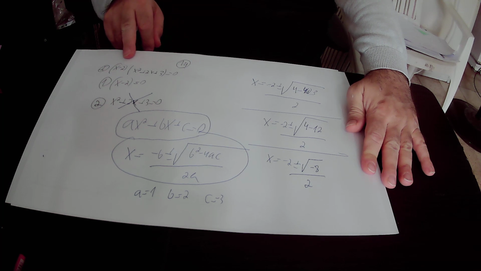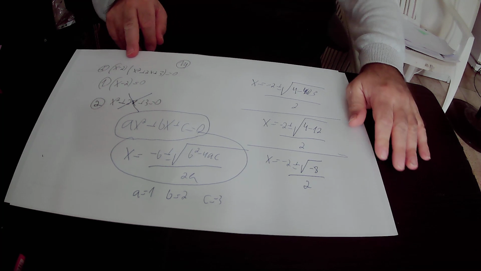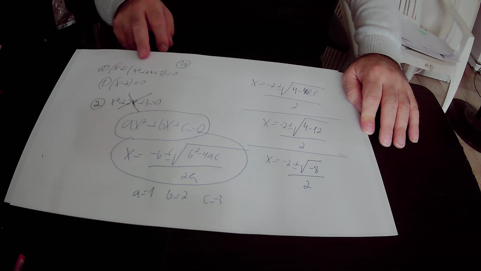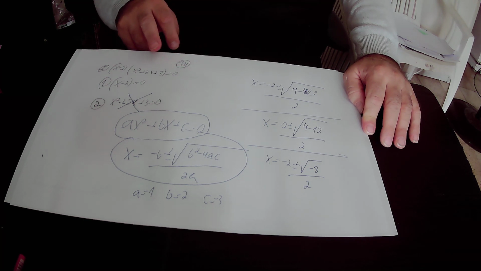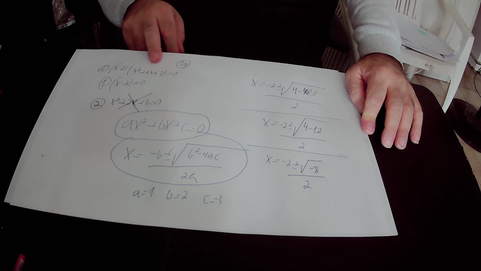So here we have 2 solutions that are possible for equation number 1. The first solution is that x minus 2 equals 0. If x minus 2 equals 0, then 0 times anything equals 0. And the second possible solution is that the quadratic expression equals 0. If the quadratic expression equals 0, then 0 times anything equals 0.